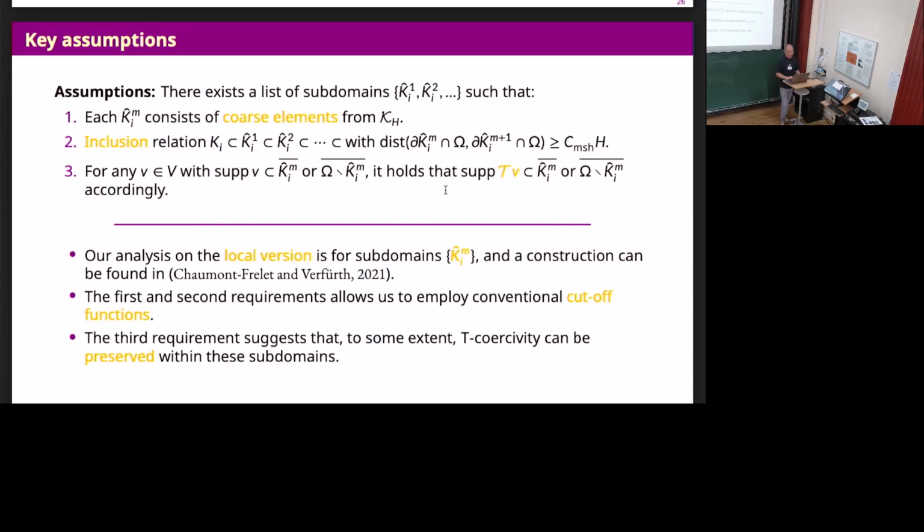This is one of the technical assumptions that we have to make, and I think there is something similar in this work over here. Basically, this is the key assumption. But for the numerical simulation, we think that we do not need such assumptions.